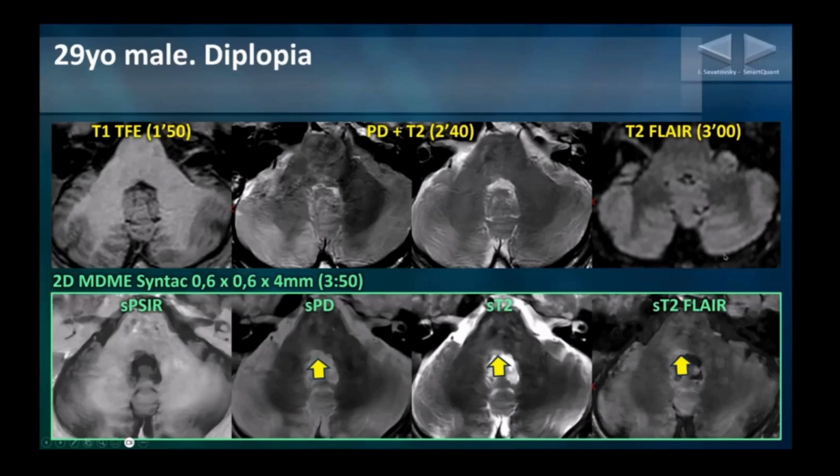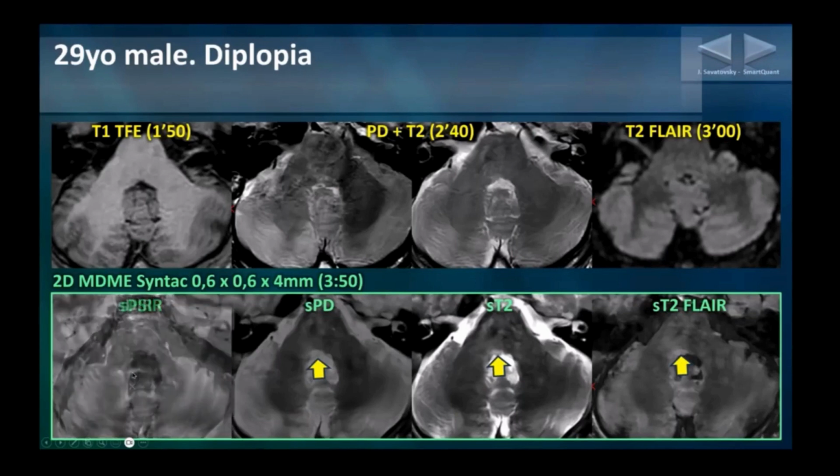Next, we will show a 2D MDME sequence, which is what we are showing you today, that combines SmartSpeed and the SyntheticMR multi-echo, multi-delay sequence. With that, we can generate several synthetic weightings, including proton density and T2. I'm showing it next to the conventional sequences to prove that it depicts this lesion of the pons very well, both in the synthetic T2 FLAIR sequence and the synthetic T2 sequence, and we can even do a synthetic DIR, or synthetic double inversion recovery, sequence.